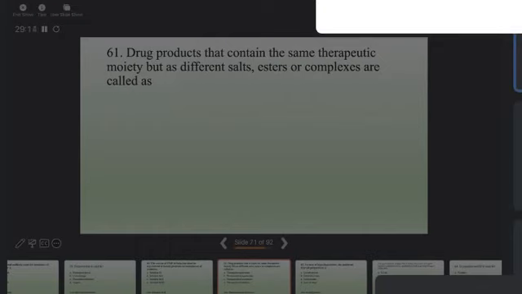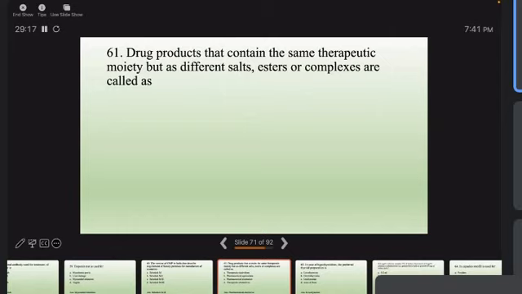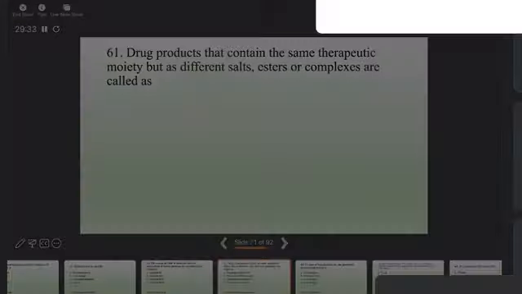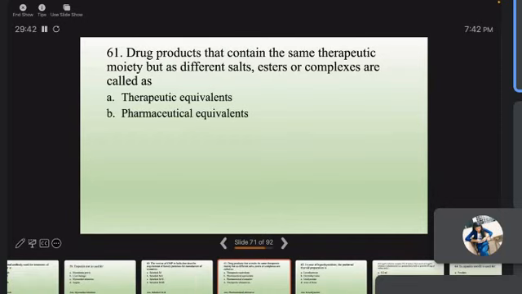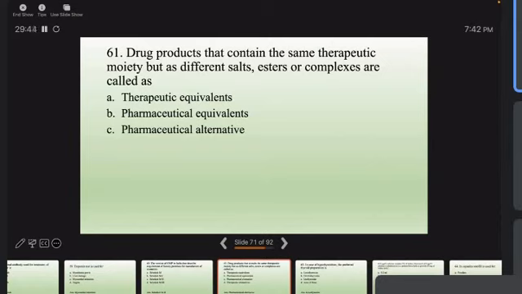I'll read it again. Okay, you got the question? I'll give you options: therapeutic equivalence, pharmaceutical equivalence, pharmaceutical alternative, and therapeutic alternative.